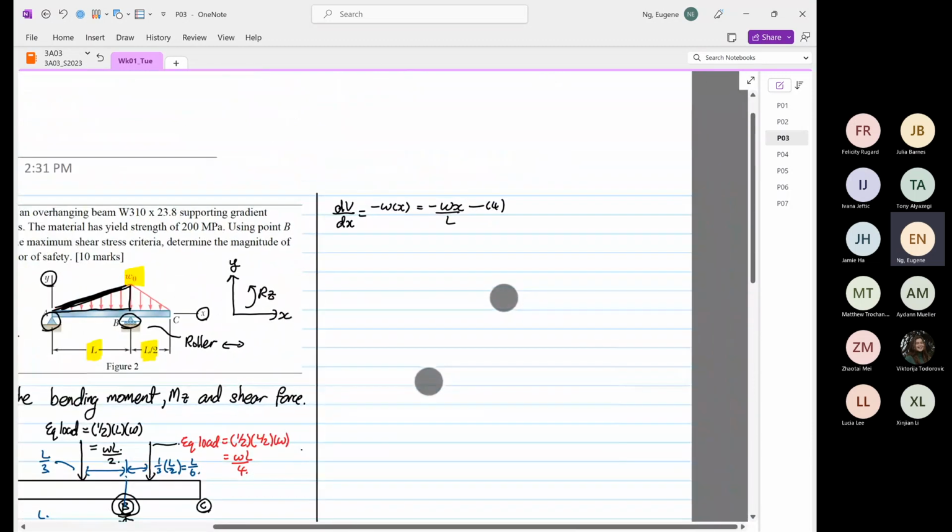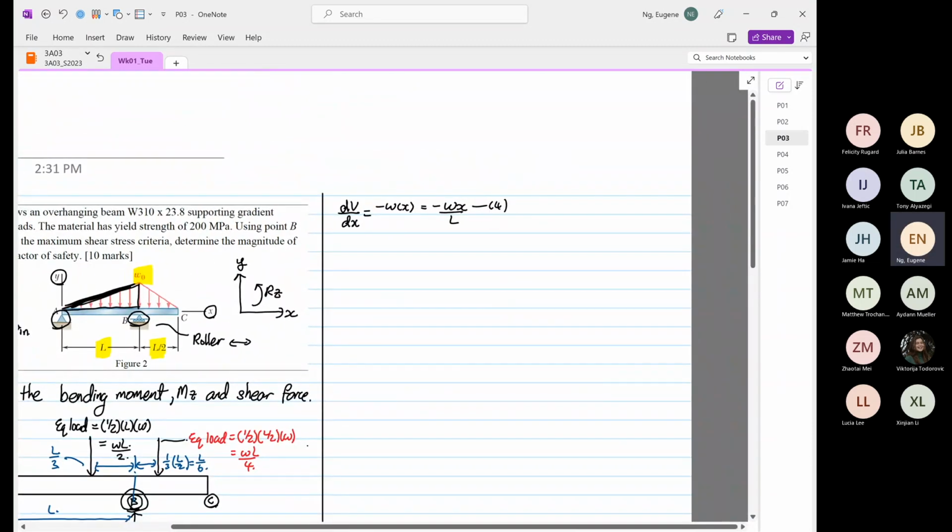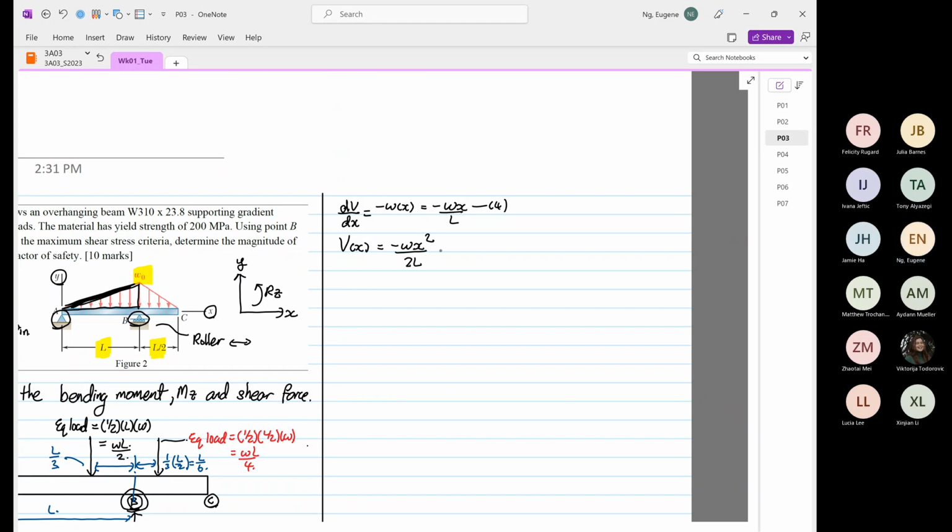When we integrate this, V as a function of x will be equal to minus omega naught x squared over 2L, plus C1. And this is our equation number 5.